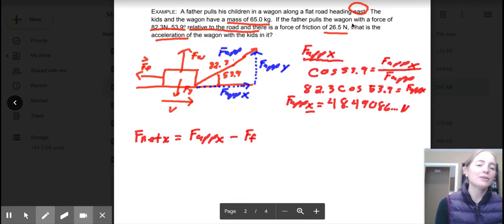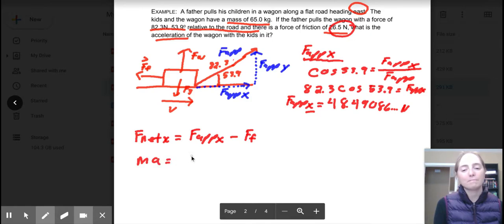Well, that value has been given to you, so we don't need to calculate that. Now let's think about F net. Remember, ladies and gentlemen, that F net is equal to ma. Okay, we have the mass of 65.0 kilograms, and we're trying to find acceleration.